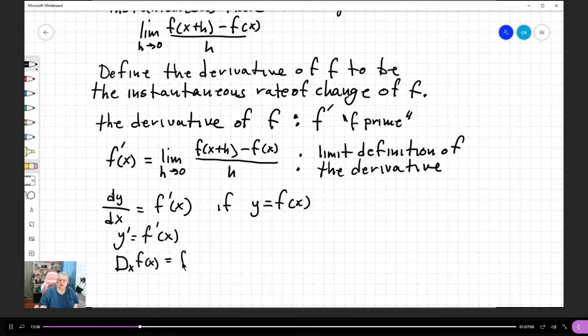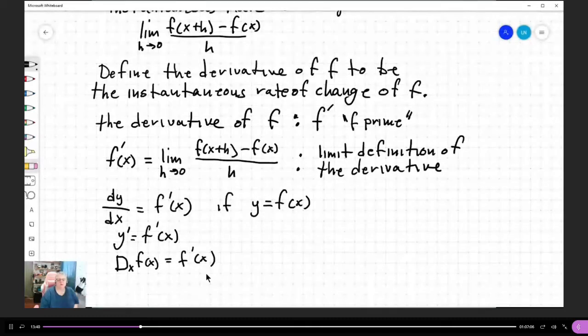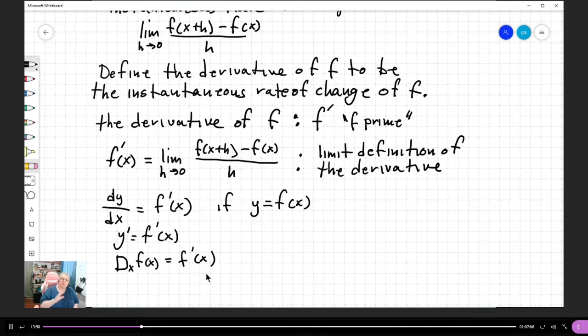Same thing, f prime of x. Any of those notations can be used interchangeably when you're talking about the derivative. What you're going to see me primarily do are the first three, f prime, dy dx, maybe y prime, depending on the particular situation.